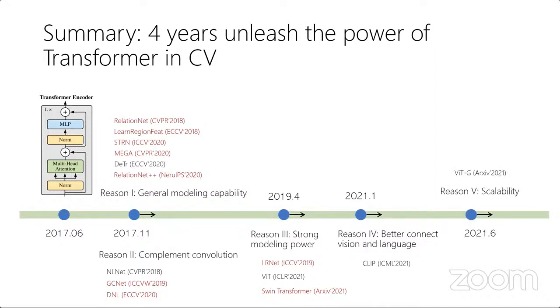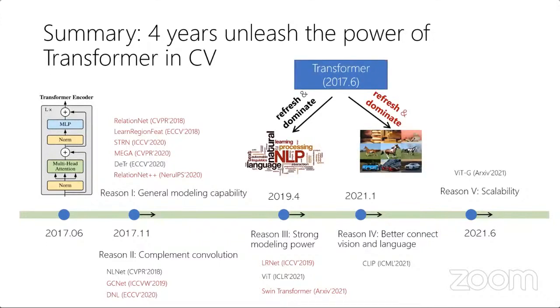The fifth merit is the ability to be scaled up in both model size and data size. Given these 5 strong reasons, we believe that transformer will also refresh and dominate computer vision, like what has been observed in the field of natural language processing.